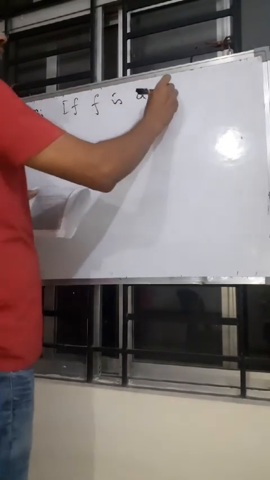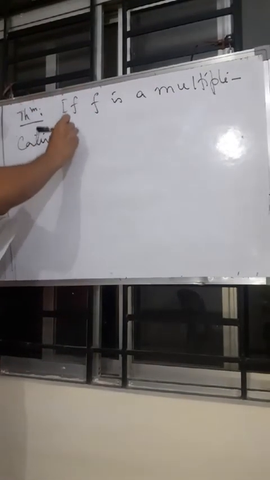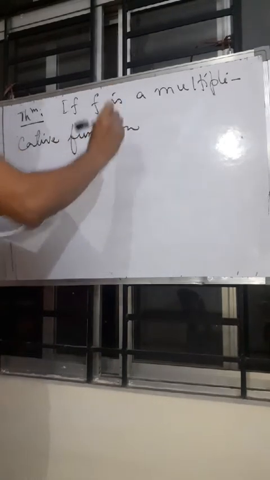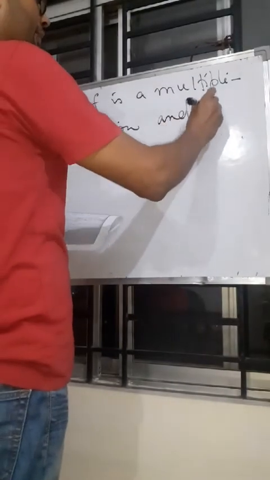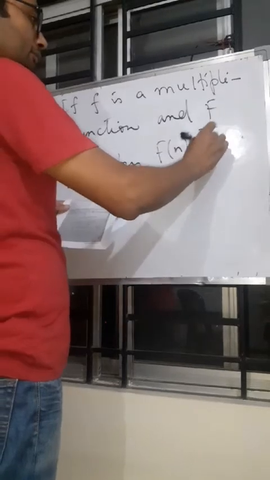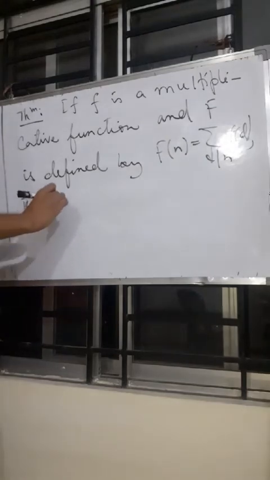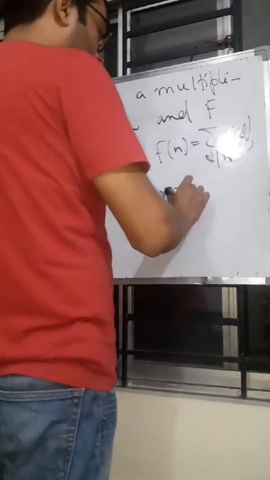What is the next result? If f is a multiplicative function, and capital F is defined by F(n) equal to sum over d dividing n of f(d), then F is also multiplicative.